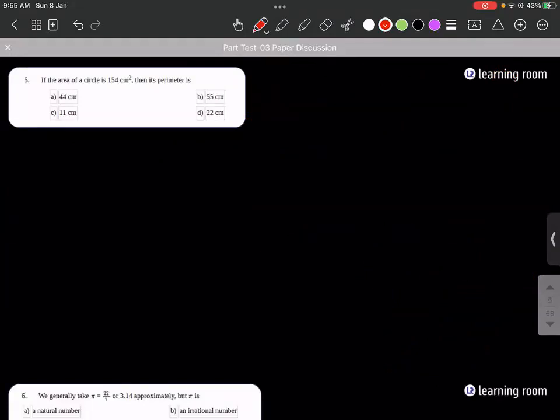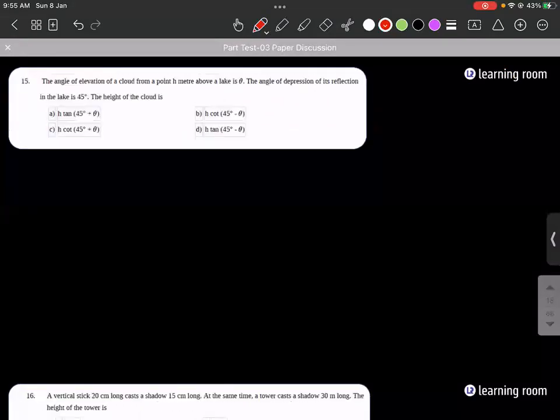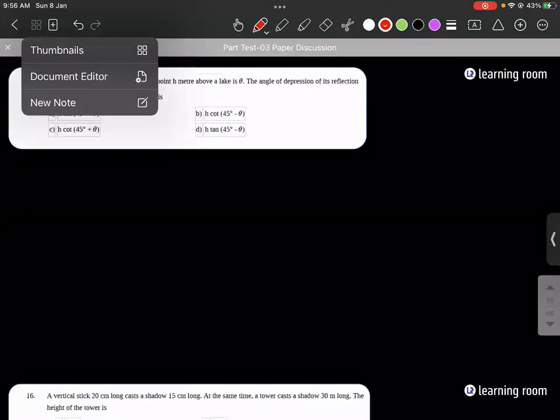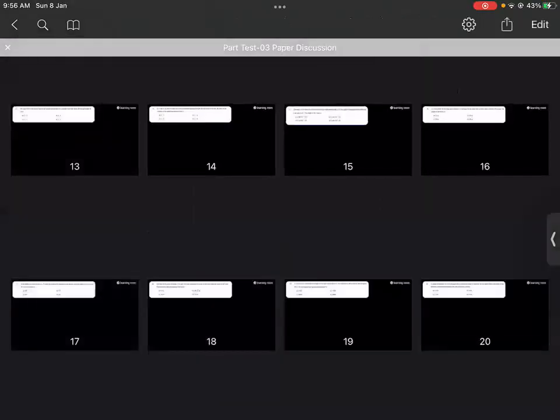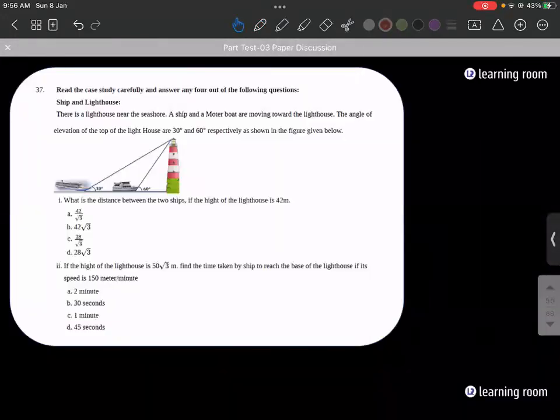The case-based 37th one. Can you do the first and second subdivision? What is the distance between the two ships if the height of the lighthouse is 42 meters?